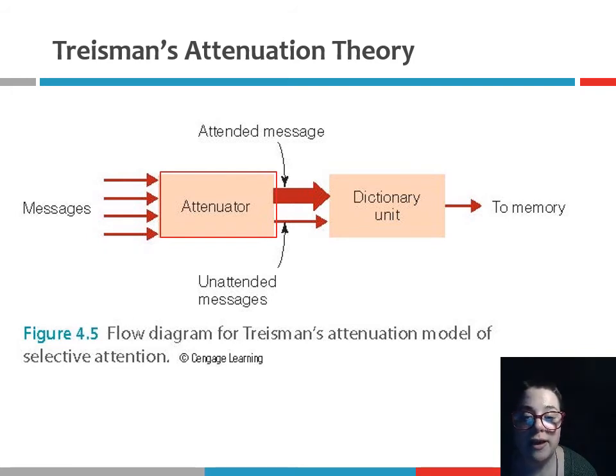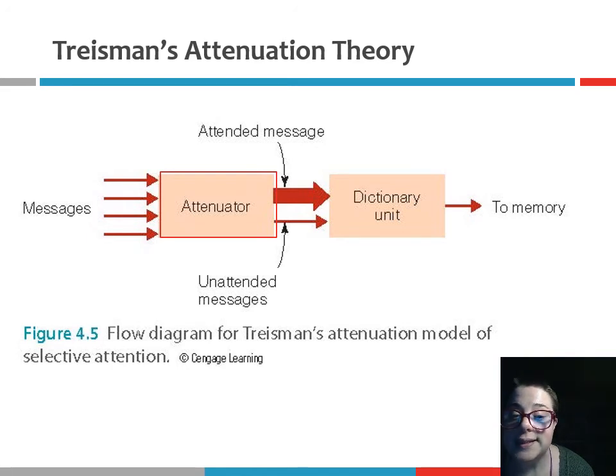So first we've got incoming messages. What that means is we've got information coming in from both the unattended channel and the attended channel. That information comes in and is registered in what's called the attenuator.